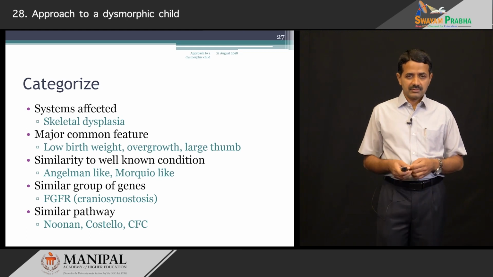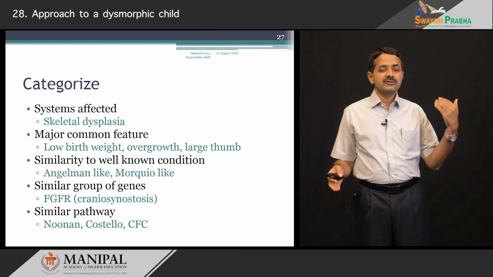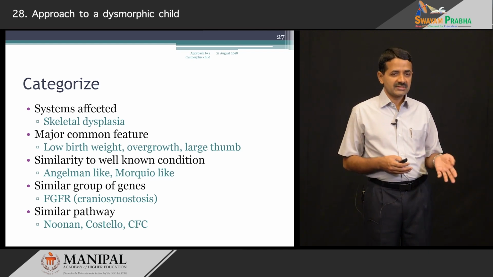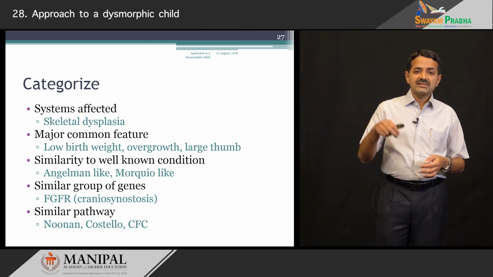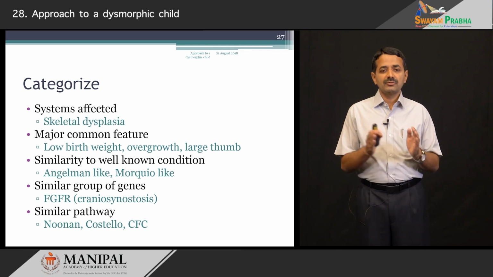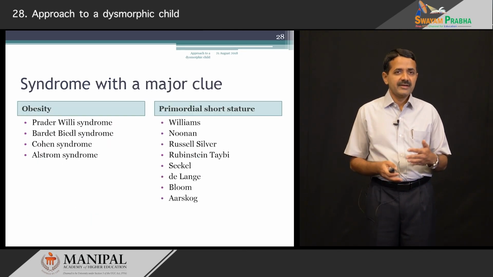So, we can categorize them like that, or a group of conditions where craniosynostosis is a common feature, which are due to FGFR mutations, or mutations in one pathway, the RAS MAP kinase pathway, which can lead to Noonan syndrome, Costello syndrome and cardiofaciocutaneous syndrome. This is how we categorize.